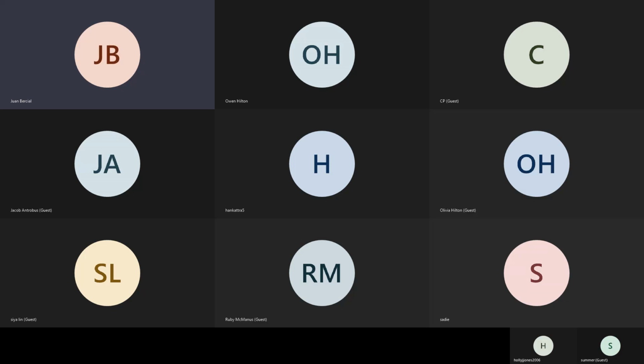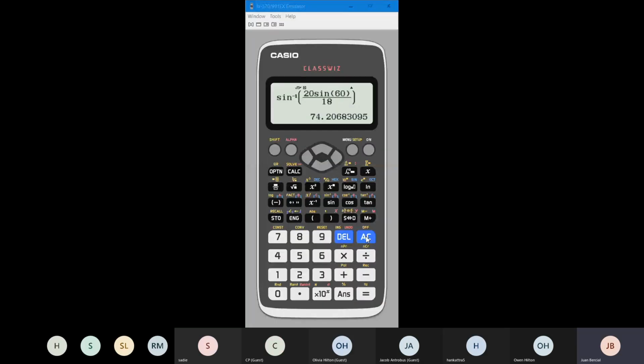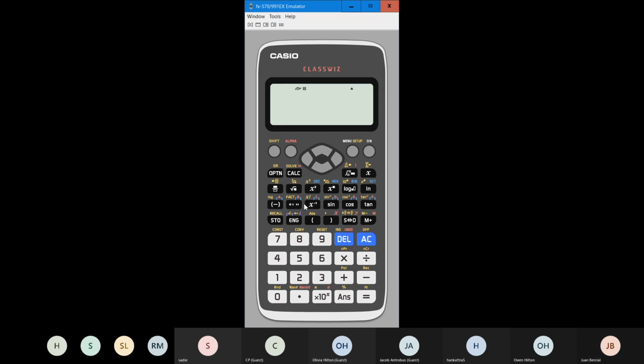So let me show you how we write this in the calculator. I want to write square root and all that inside, exactly what I've got: 23 squared plus 20 squared, minus twice times 23 times 20, and then the cos 55.